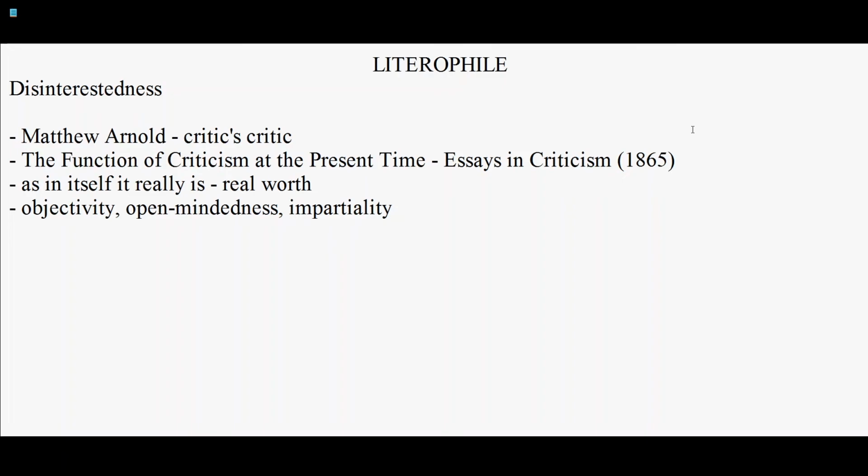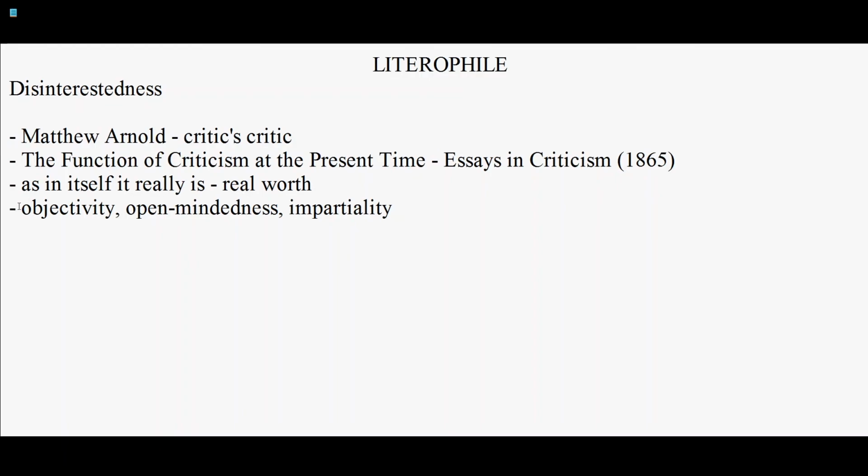So, in order to provide a context for the need of disinterestedness, Arnold tries to accentuate the need to see the object as in itself it really is. As in, whenever you try to observe a work of art or whenever you try to study anything, one has to always endeavor to identify the real worth of a text. And in order to understand the actual or real worth of a text, a critic has to essentially possess certain qualities.